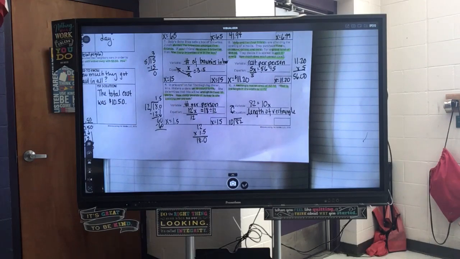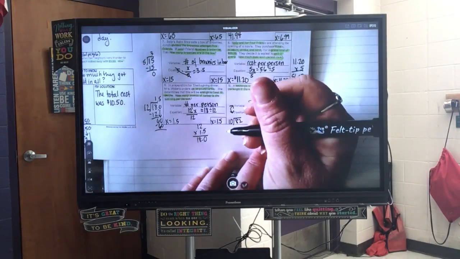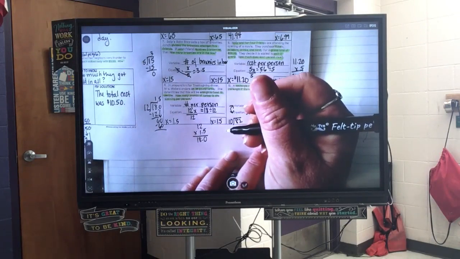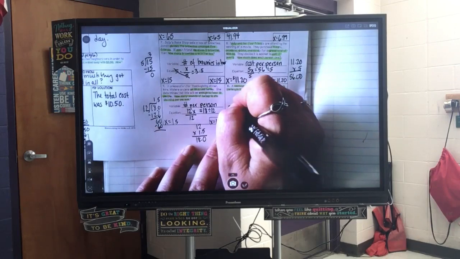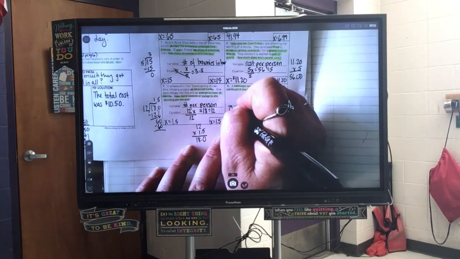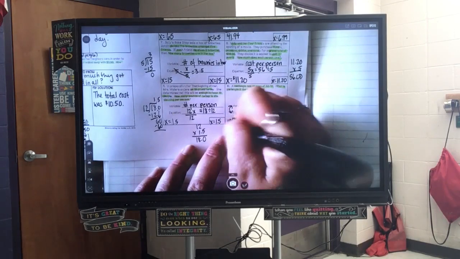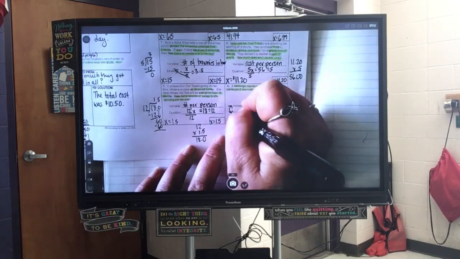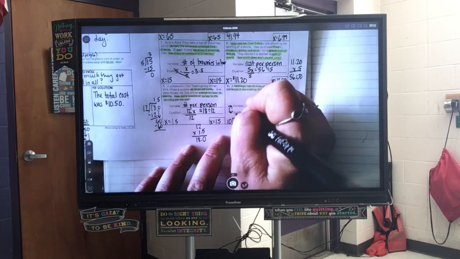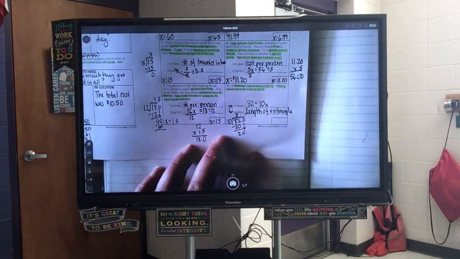Alright, what do you get when you do 82 divided by 10? You come up with? 8 times 10, because we're dividing by 10.